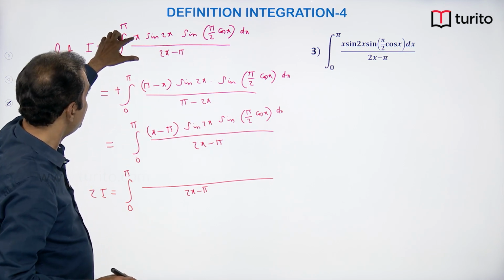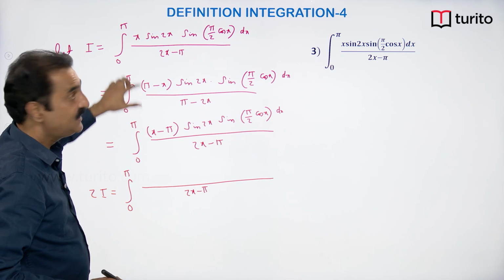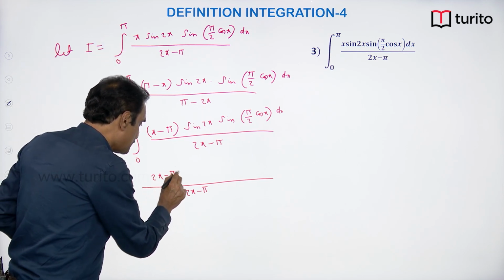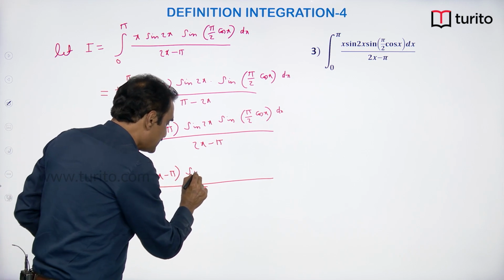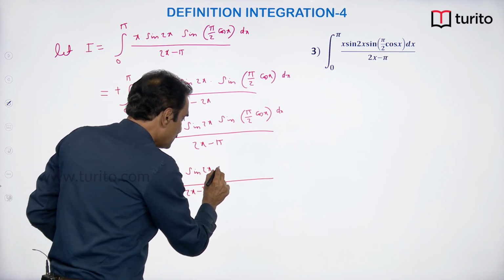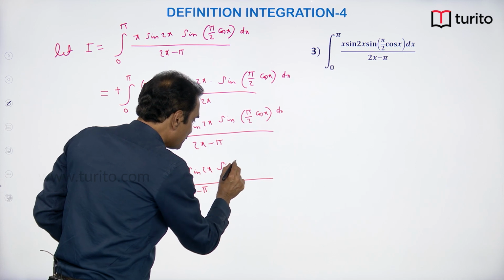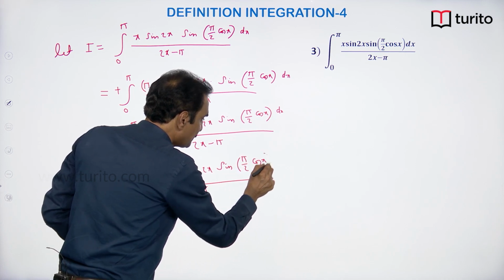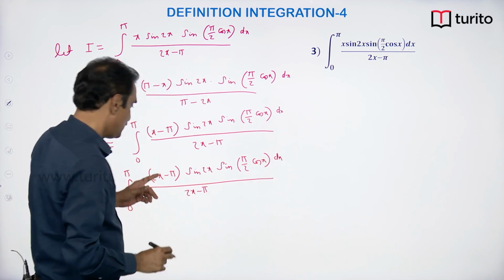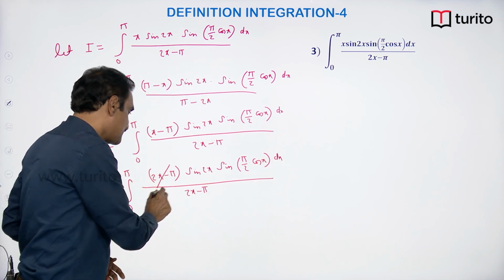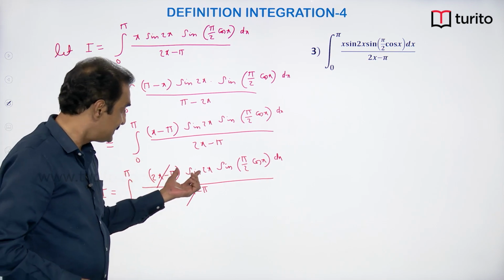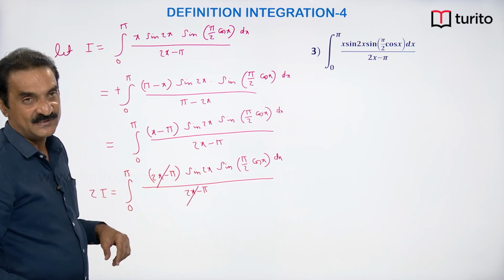So we have to add the remaining terms x and x minus pi. x plus x minus pi will be 2x minus pi into sin 2x into sin of pi by 2 cos x. Okay. Now 2x minus pi cancels. Now write this sin 2x as 2 sin x cos x.